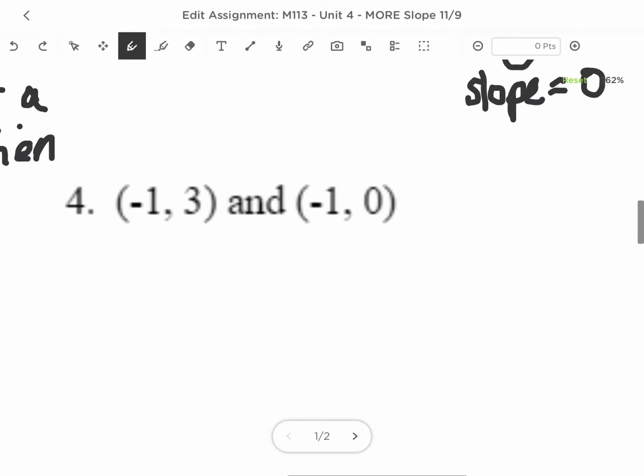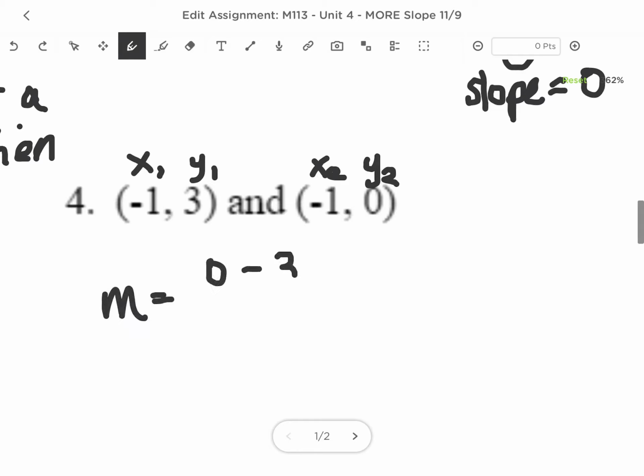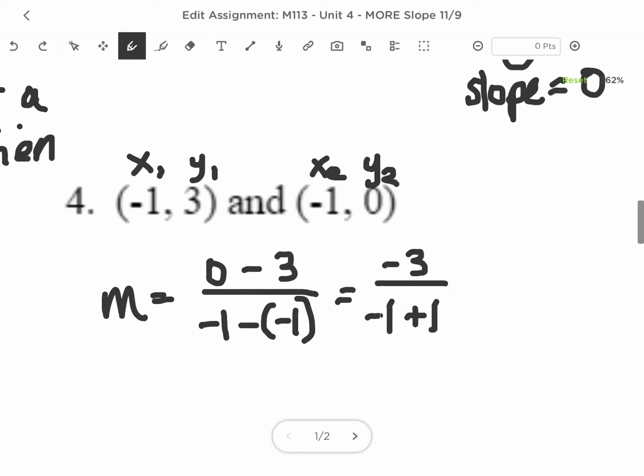All right, last example here, x1, y1, x2, y2. So slope equals y2 minus y1 over x2 minus x1. Negative 3 divided by negative 1 plus 1, because a negative and a negative make a positive. So negative 3 over 0.